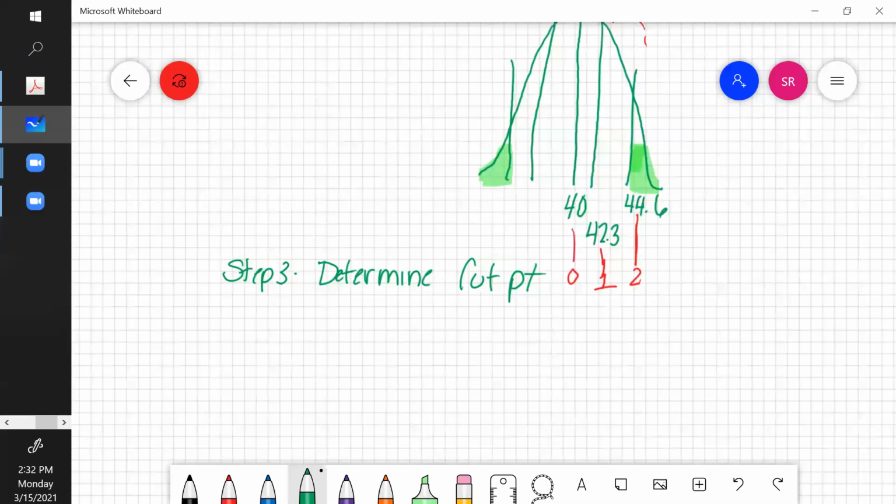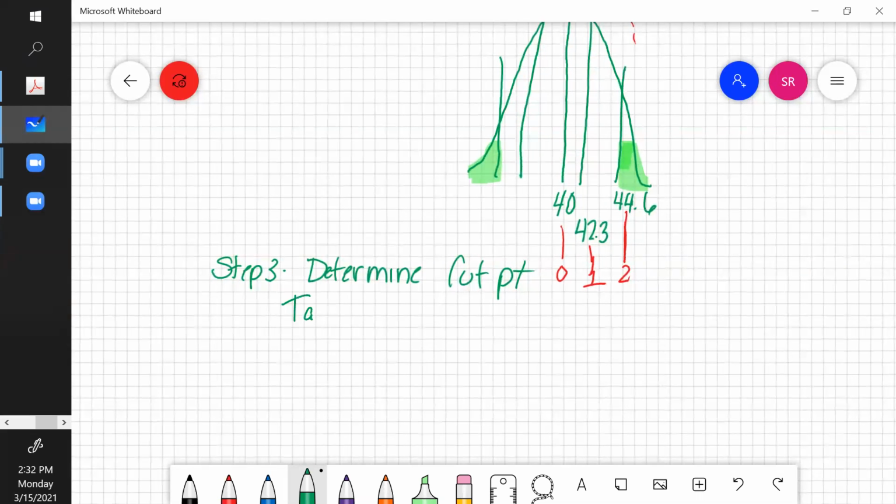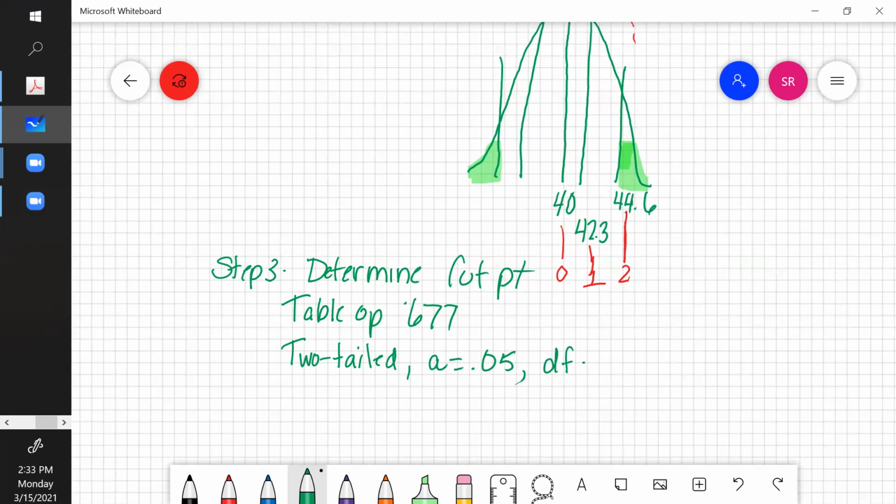And we do that by looking at the table on page 677. When we look at that table, we're going to be looking for a two-tailed test using alpha equals 0.05, and we'll be looking up the value for 4 degrees of freedom.